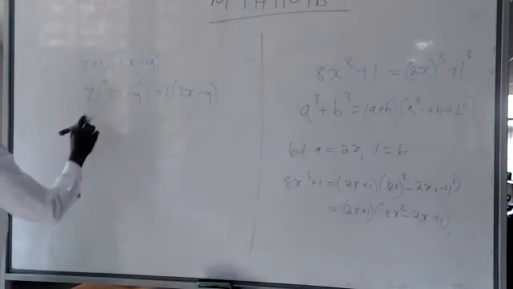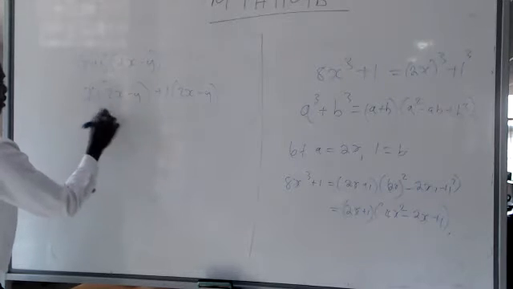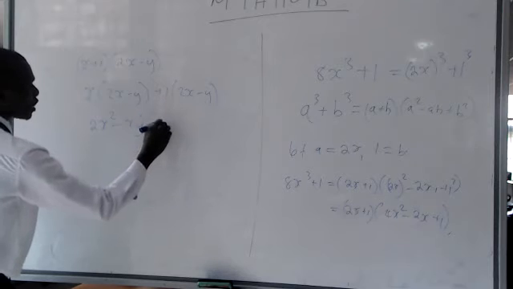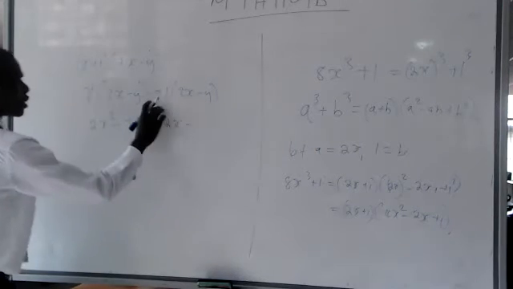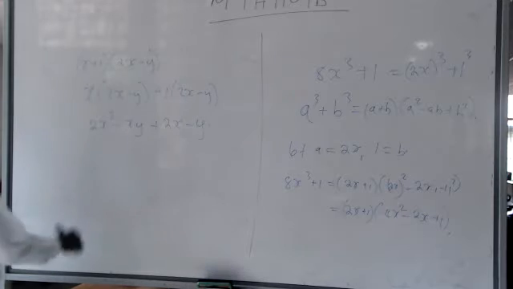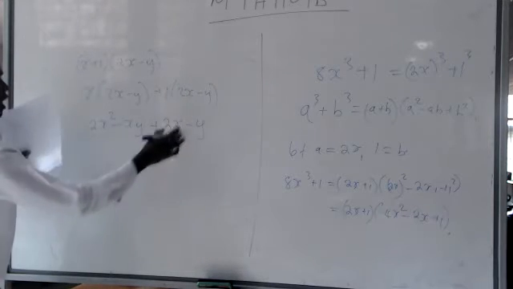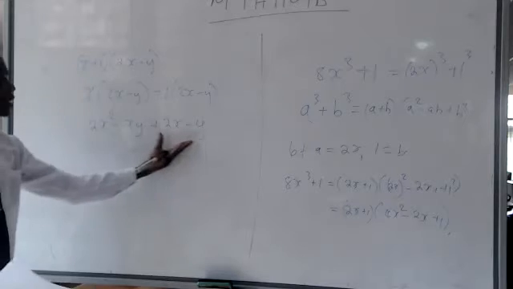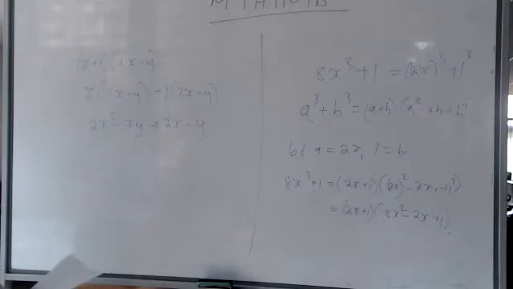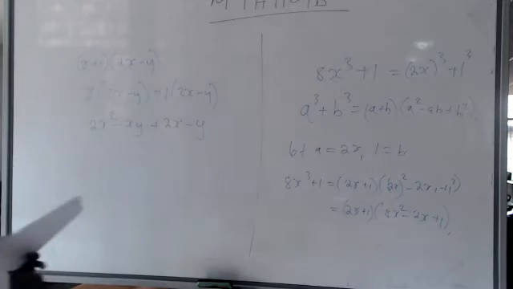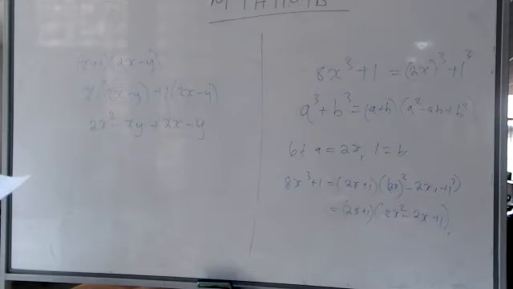So now x times 2x, 2x squared, x times y, so we have minus xy, plus 1 times 2x, that's just 2x, then 1 times minus y is just minus y. So now it happens that we cannot simplify this any further. We don't have any common term, so we just leave it like that. 2x squared minus xy plus 2x minus y. Cool.